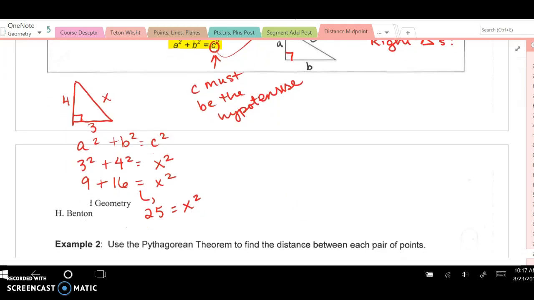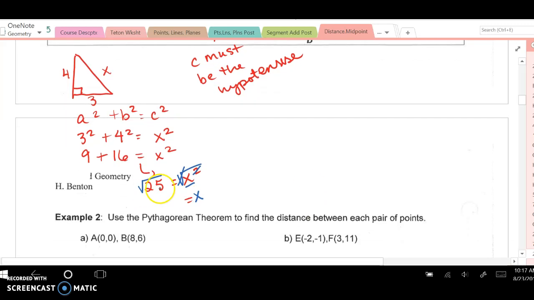And then your last step, and you may not remember this step: if x squared equals 25 and we want just x, not x squared, the opposite of squaring something is square root. The square root of a number means what number times itself is 25.